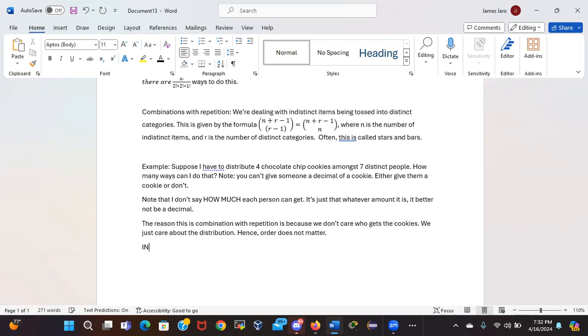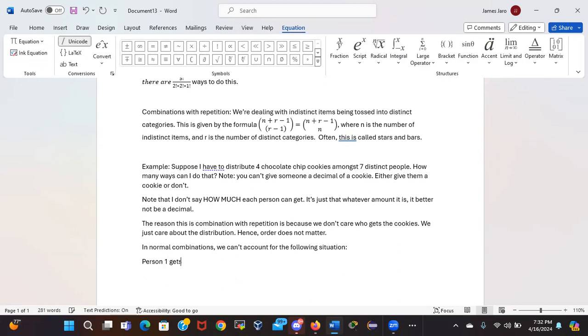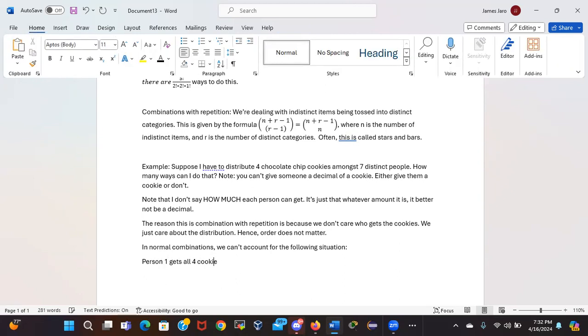In normal combinations, we can't account for the following situation, like person one gets all 4 cookies. That's not counted. That's not accounted for. There's no way you could count that with a normal combination formula. More or less, yeah.